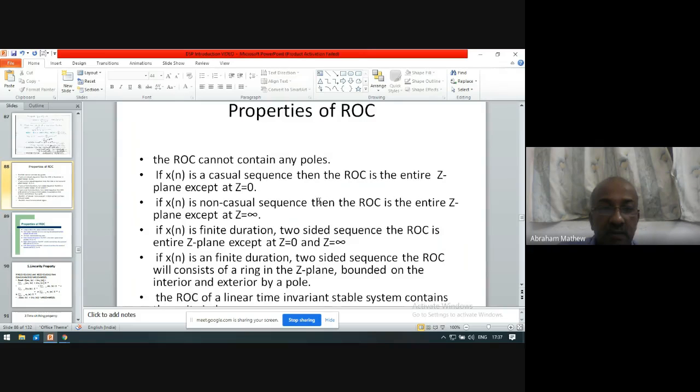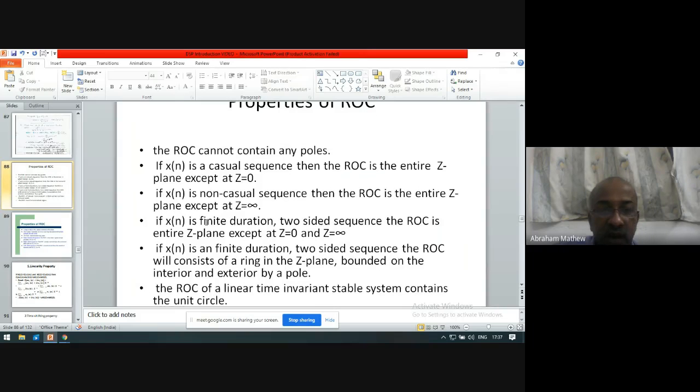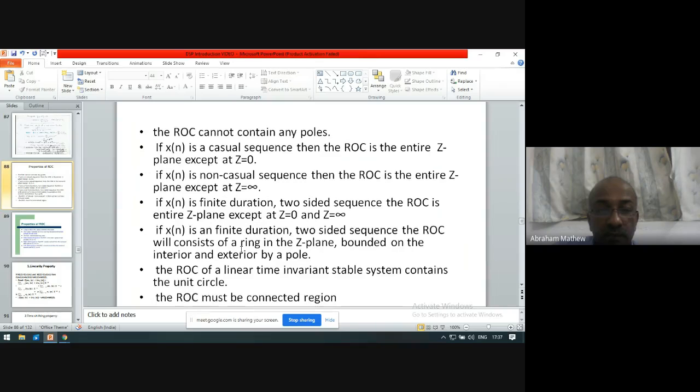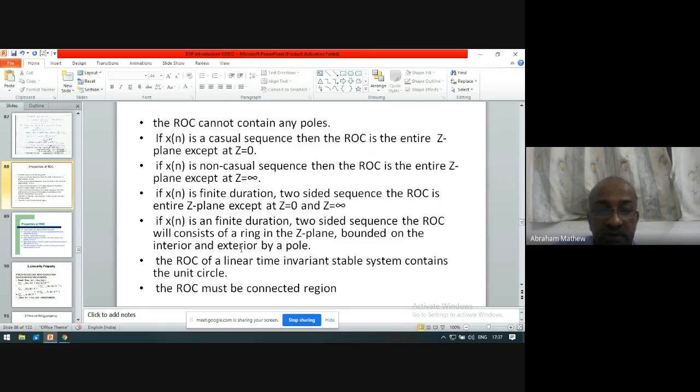These are the properties of ROC. If x of n is an infinite duration, two-sided sequence, then the ROC will consist of a ring in the Z plane, bounded on the interior and exterior by a pole. Again, the ROC must be a connected region.